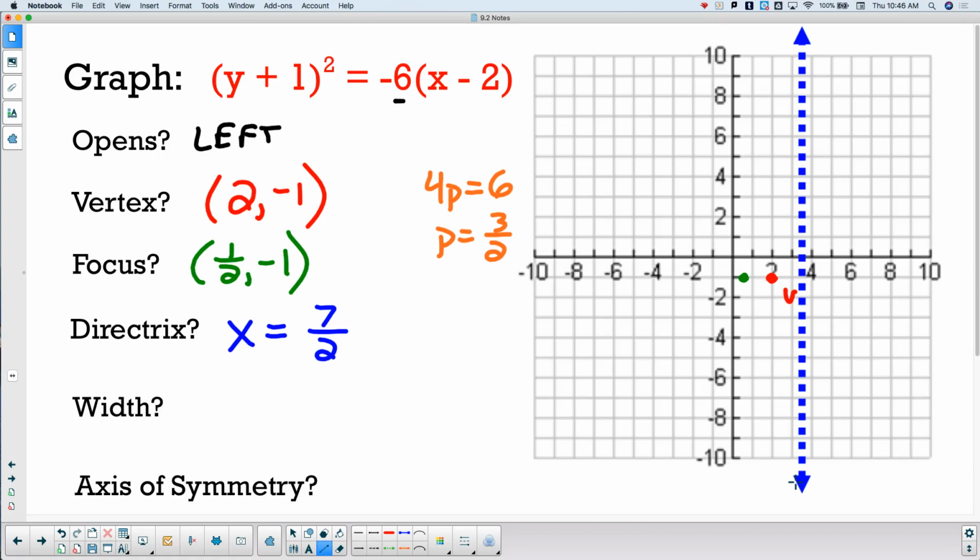Yep, like it. Width, Luke. 6. The width is 6, which means that I go how much in each direction? 3. So in this case, I'm going to go up 3 from the focus and down 3 from the focus. That's going to allow me to draw it in.